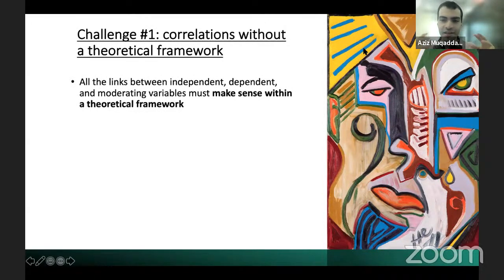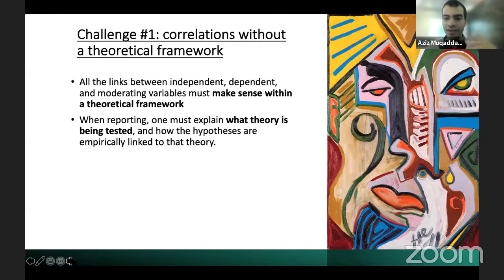A theory is not something that tells you X causes Y or X is related to Y, but it tells you how X is related to Y, or how X affects Y, right? It makes sense. It explains the mechanism by which the independent variable or the predictor would affect the dependent variable or the outcome, right?